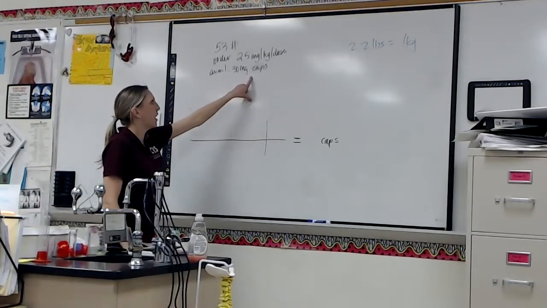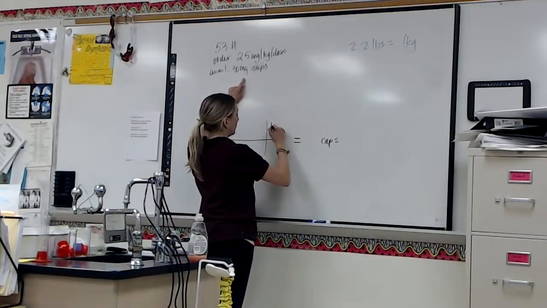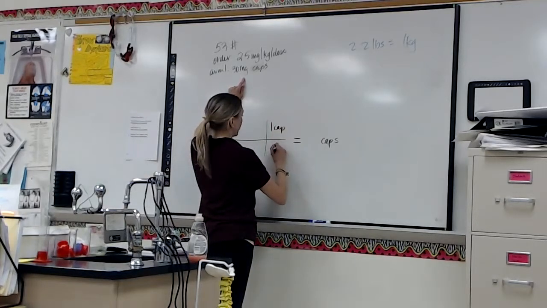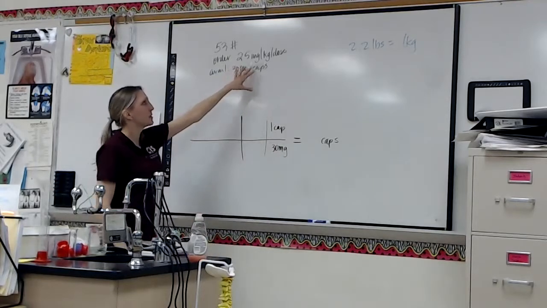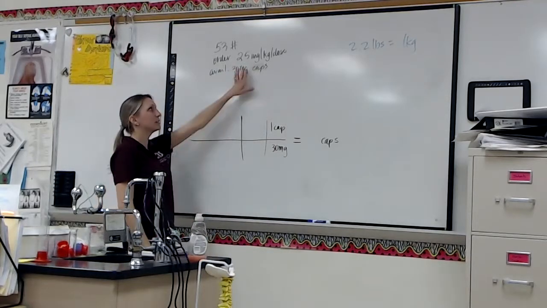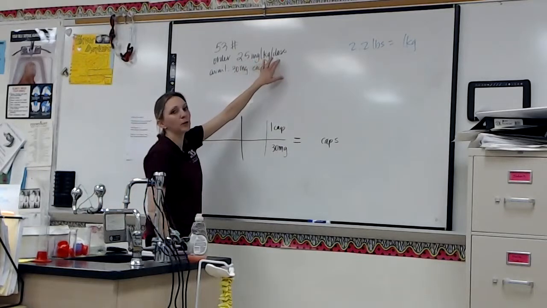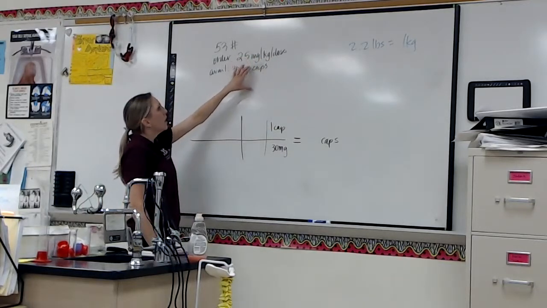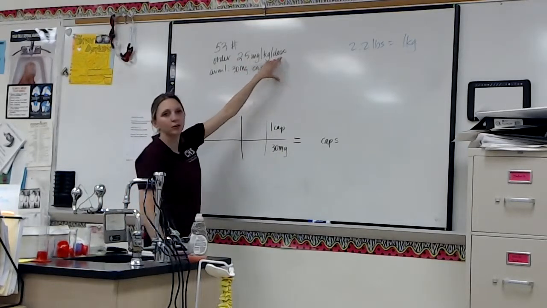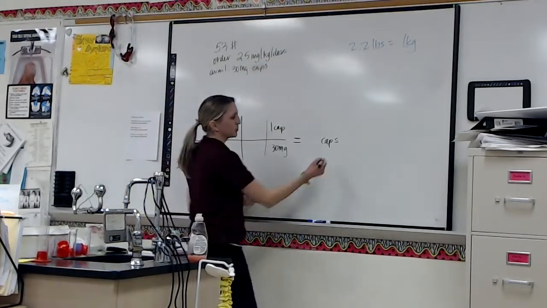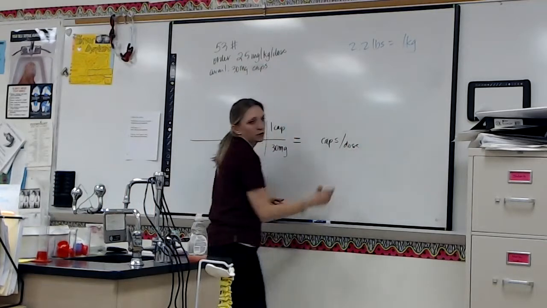So I know right now that in every one capsule, I have 30 milligrams. Now, whenever I put something like this into my dimensional analysis, this milligrams per kilogram per dose, I always do, you can, like we've got dose on here, you really don't even need that because it's really caps per dose is what we're doing at the end.